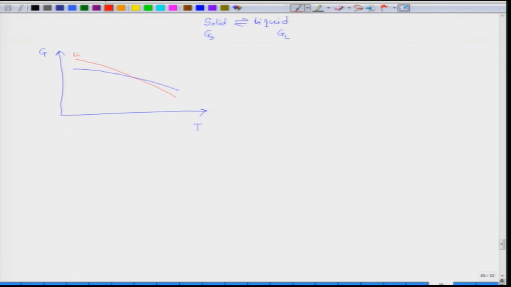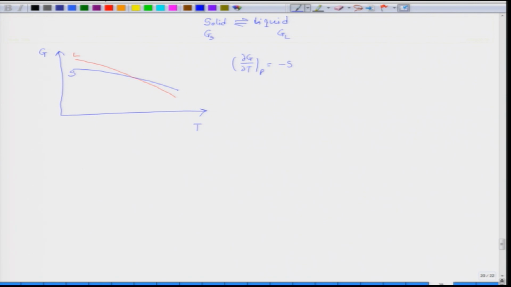Why? How do you know? From the slopes, right, because we know the slope of G versus T is minus S, and entropy is a measure of disorder, right, and we know the solid is more ordered than liquid, right. So, the entropy of solid is lesser than liquid.